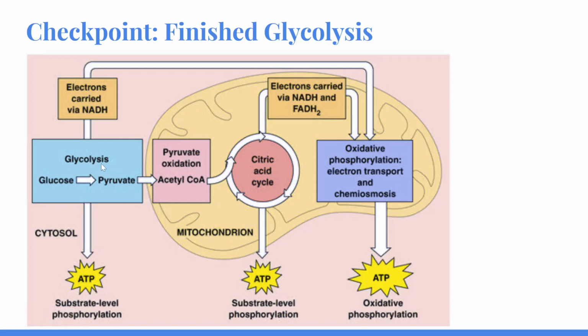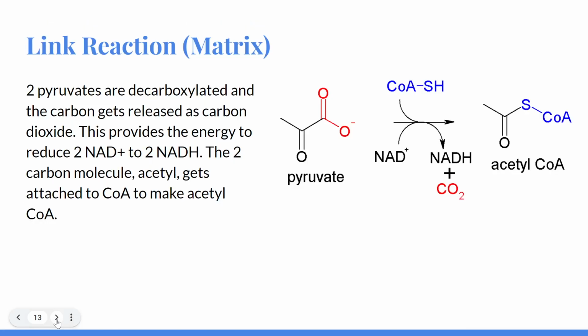So after you finish glycolysis, you have this pyruvate, and you're going to go through this part for the citric acid cycle. Usually I see the citric acid cycle as coupled with pyruvate oxidation, but whatever. It all happens in the mitochondria, so it's going to be transported from the cytosol to the mitochondrion.